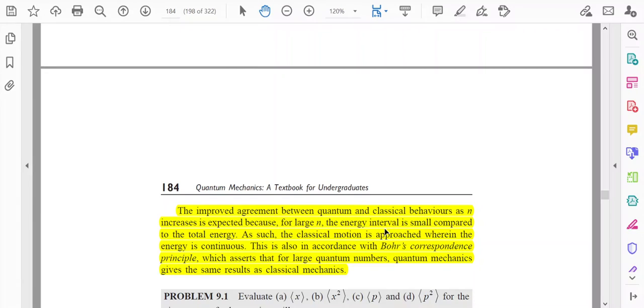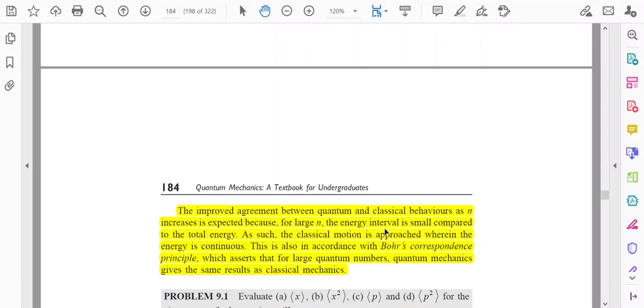But if you increase the value of n, the total energy will be very high compared to the energy interval. We have to think of this sentence in this way, that the total energy is very high compared to the energy interval. In that sense we can say that energy is almost continuous in nature, although in quantum mechanics we say energy values are discrete.